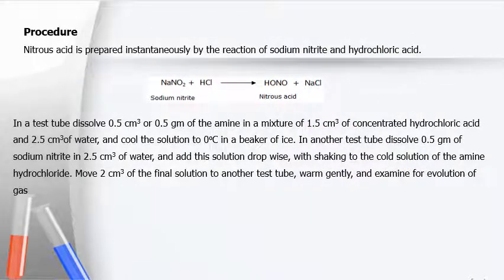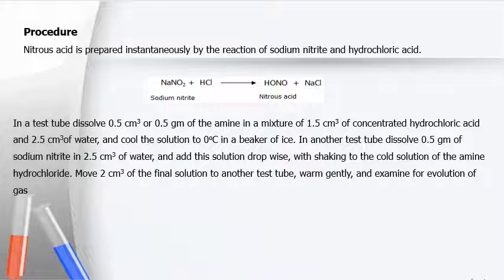Now, this is the procedure that you are going to conduct in the lab. Nitrous acid is prepared instantaneously by the reaction of sodium nitrite and hydrochloric acid: NaNO2 with hydrochloric acid gives us nitrous acid with NaCl, table salt. In a test tube, take 0.5 ml or 0.5 grams of the amine.